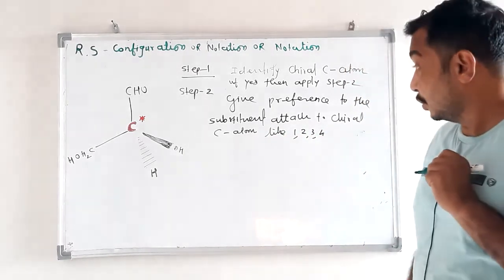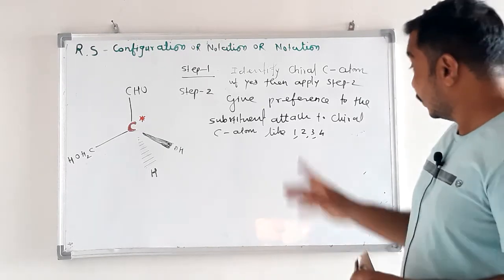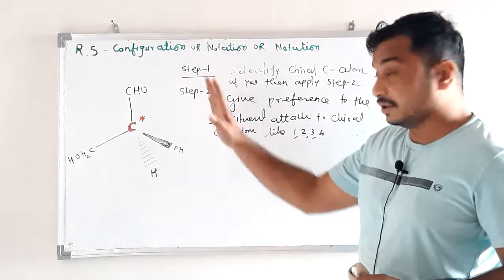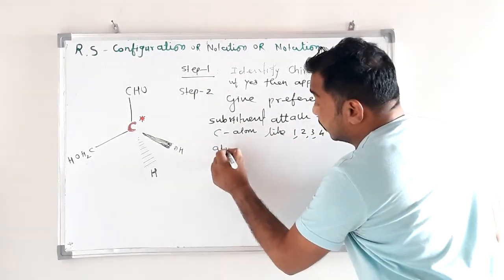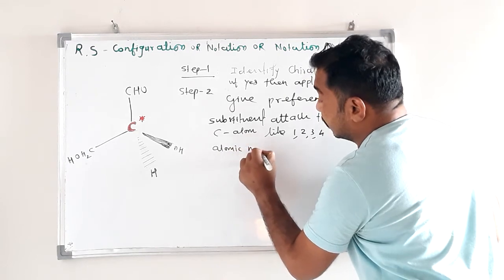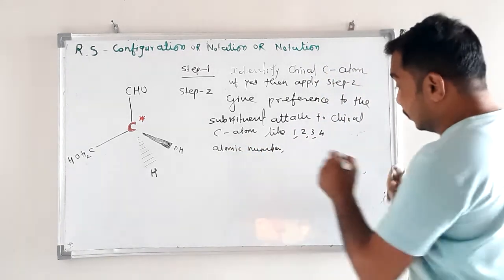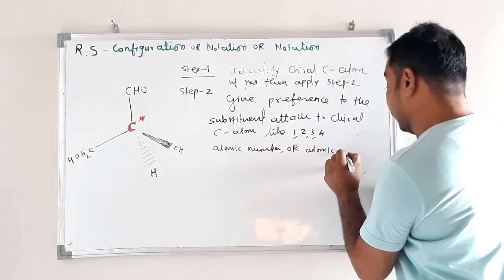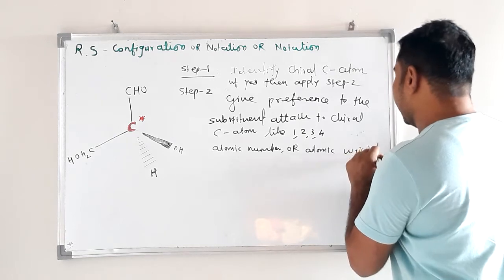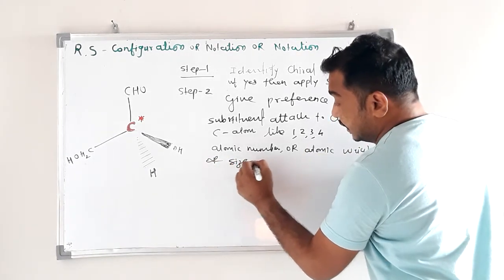On what basis do we have to give preference? We have to give numbering, number 1, number 2, number 3, number 4, on the basis of atomic number, or sometimes atomic weight, or atomic number, same thing, or size of group.